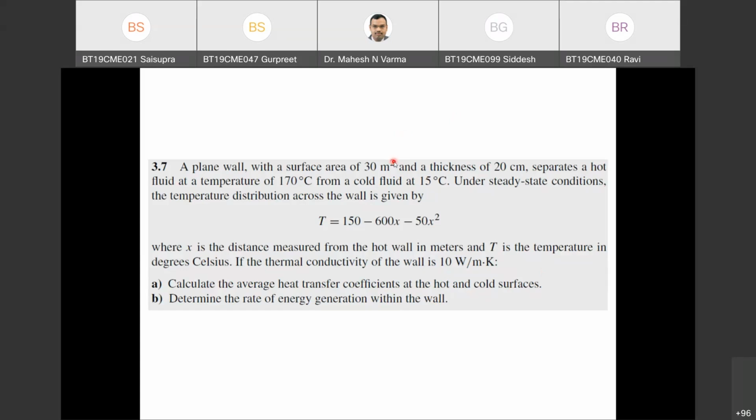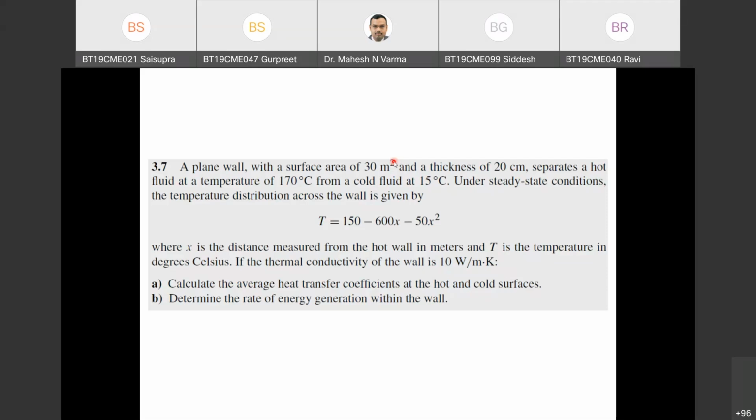So the rate of heat generation per unit volume will be minus k d2T by dx square. d2T by dx square will be 100 multiplied by 10, 600 watt per meter cube.